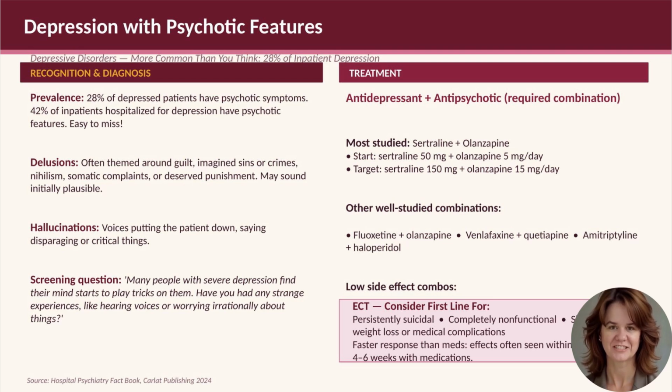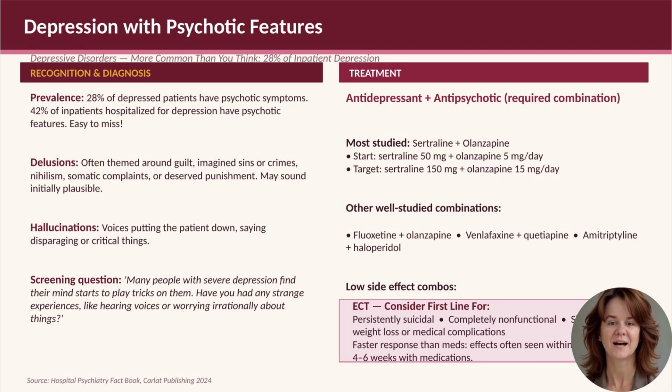In practice, clinicians often pair an SSRI with a second-generation antipsychotic such as olanzapine, risperidone, or quetiapine based on patient-specific factors, especially metabolic risk and tolerability.